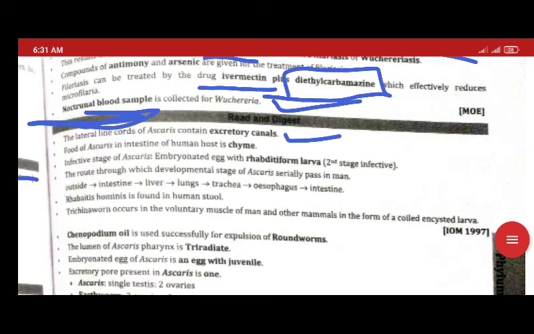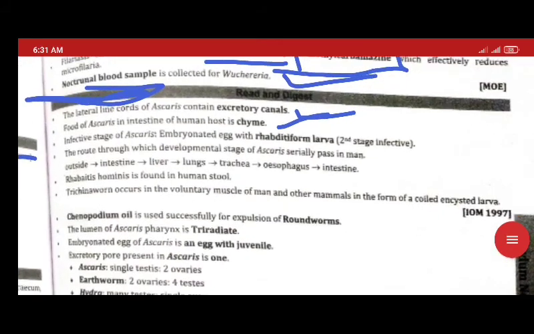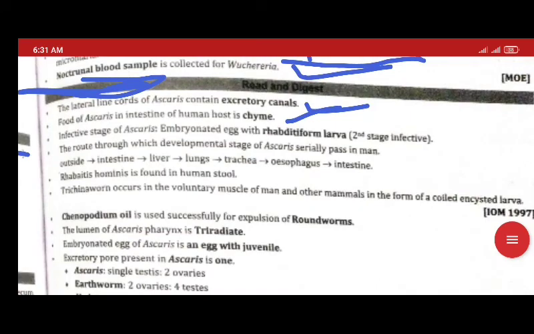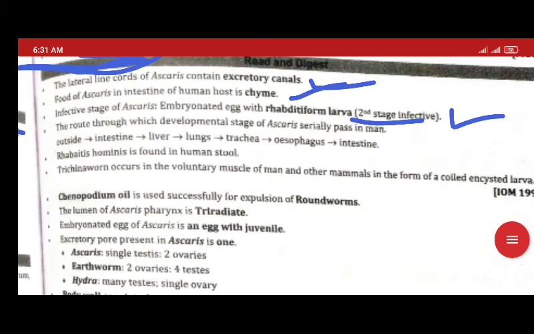The food of Ascaris in the intestine is chyme, present in the human stomach. The infective stage is the second infective stage, rhabditiform, as I have told you. The route is outside the intestine, liver, lung, trachea, esophagus, then intestine. Fourth molting is completed here: first, second, third in the lungs, and fourth in the intestine.